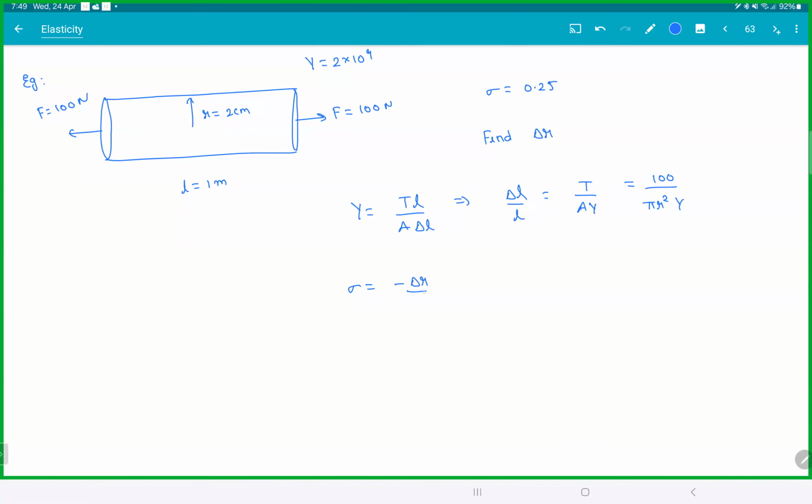Minus delta R by R, over delta L by L. So from that we get delta R is equal to minus sigma times delta L by L into R. Substitute the values, you get the answer. That's it. Questions will be based on that only. End of the day, they will again depend on the Young's modulus only. So get delta L by L and dump it here. Generally, there isn't much more in Poisson's ratio. There are a few theoretical questions though. Let's see that.